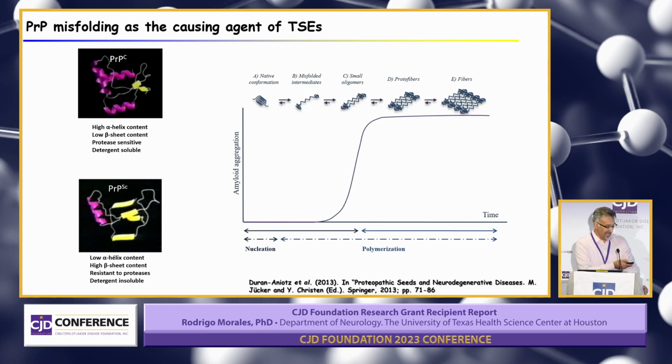But if you add a preformed aggregate, or seed, as we call it in the field, these events will occur much faster. And actually, this explains very well why prion diseases are infectious. If you introduce a seed into your body, you will catalyze this reaction, and this protein will start to aggregate at the expense of the normal protein that all of us generate.